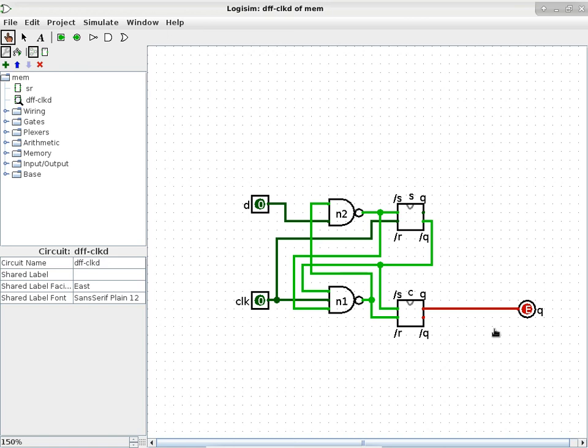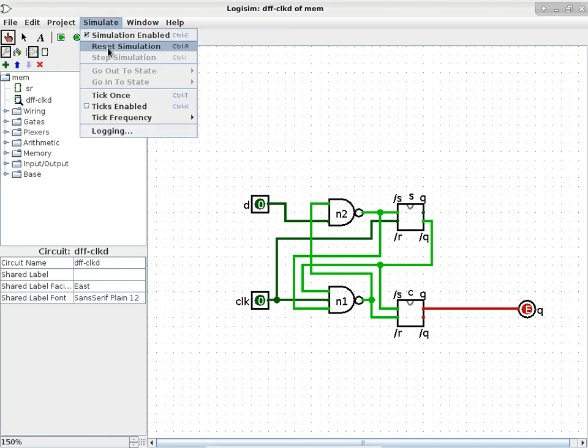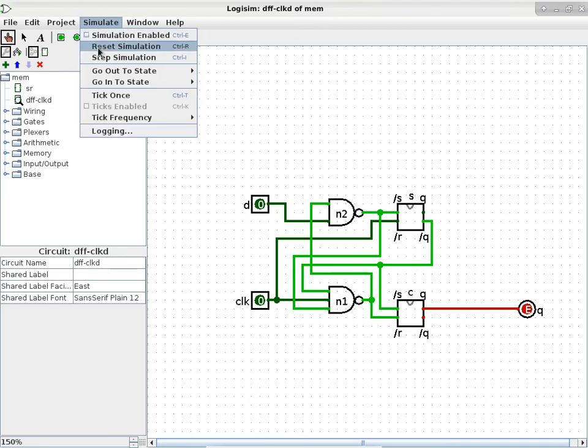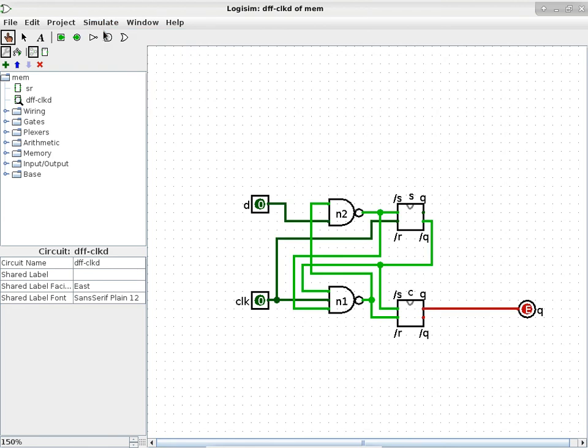The E, the error bit, is going to be there when you load it. It's okay. You basically have to run it a few times to reset it. Or I suppose we can reset simulation. Nope, that didn't save it. Disable first, reset, and then re-enable. It doesn't like it because the pins are changing states at the same time.